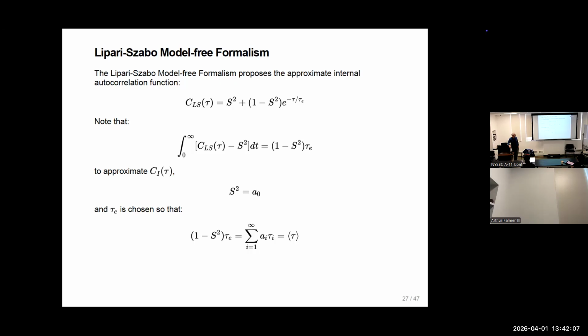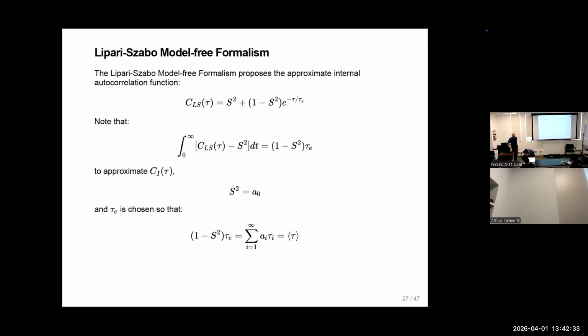Instead, what Lipari and Szabo did was fix their effective time from the integral of the autocorrelation function, not its derivative. And that turns out just to be very useful empirically. I don't know if there's a deeper fundamental reason why you might have preferred one over the other.